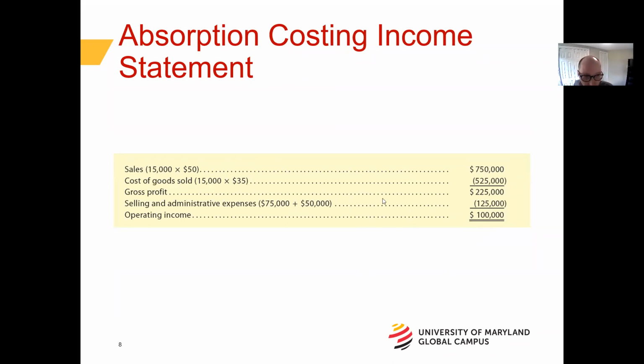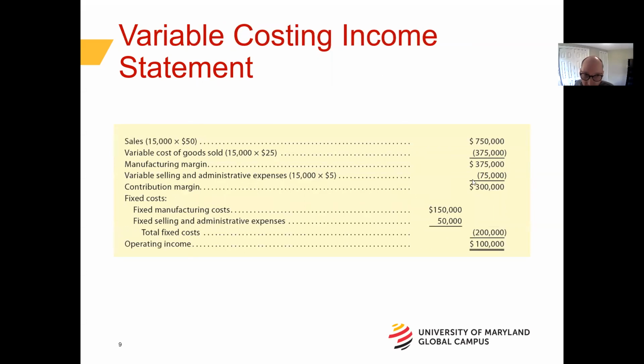Under the absorption costing model, gross profit of 225,000; under variable costing, contribution margin of 300,000. That's really the primary difference between the two, how we recognize our cost of goods sold. And that's the part that's most fascinating.